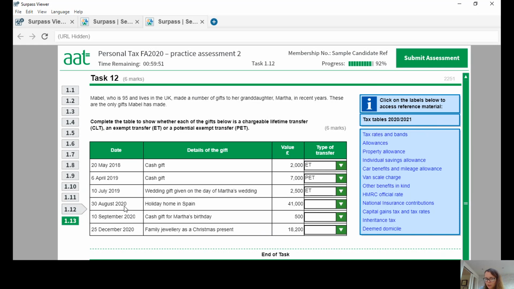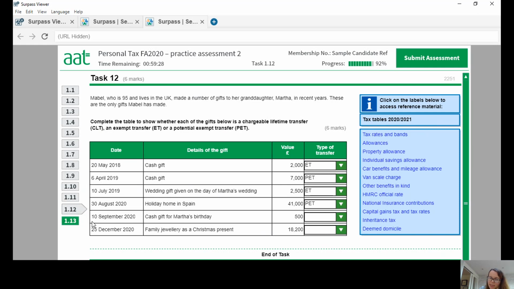So we have to use our annual exempt amounts in chronological order. We'd used one here, hadn't we, 1920 against this cash gift. We're now in 2021, so we knock our 3,000 off of this. It's still potentially exempt because 41 take away 3,000 leaves something.